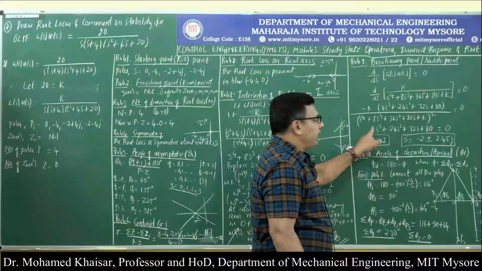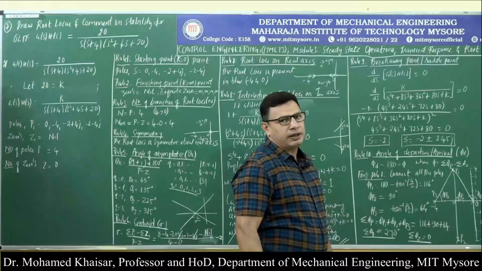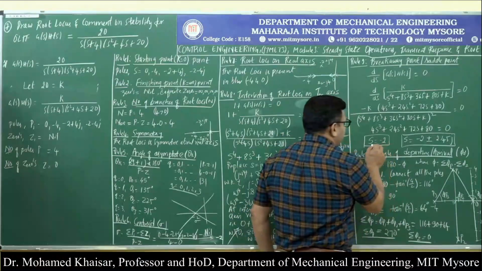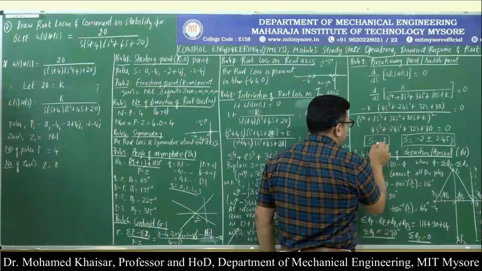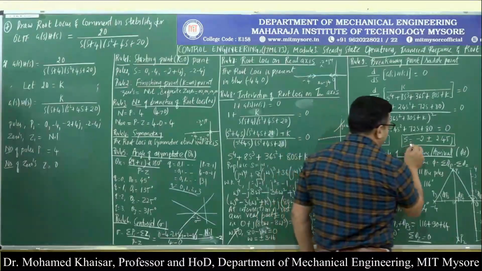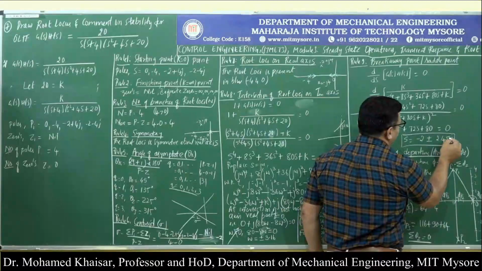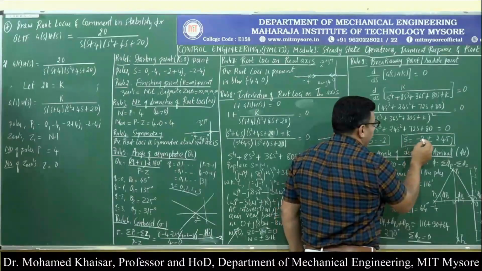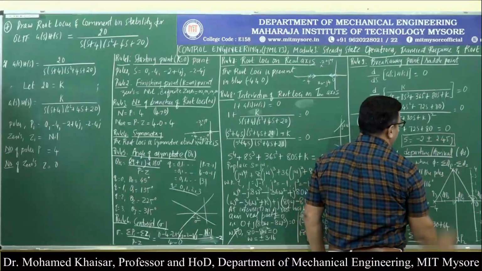Then by trial and error method or even by using the calculator, you will come to know that this will give us 3 values. S is equal to minus 2, S is equal to minus 2 plus 2.45j, and S is equal to minus 2 minus 2.45j.